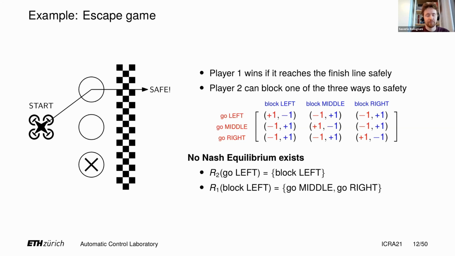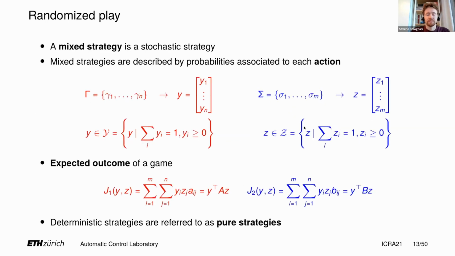Again, not surprising, if you had to play this game yourself, what you would do is to introduce some randomization, right? And this is the natural and necessary extension of actions in games, which is the randomized play. What we do here is to define what is a mixed strategy, and the mixed strategy is simply a vector of probabilities associated to each action.